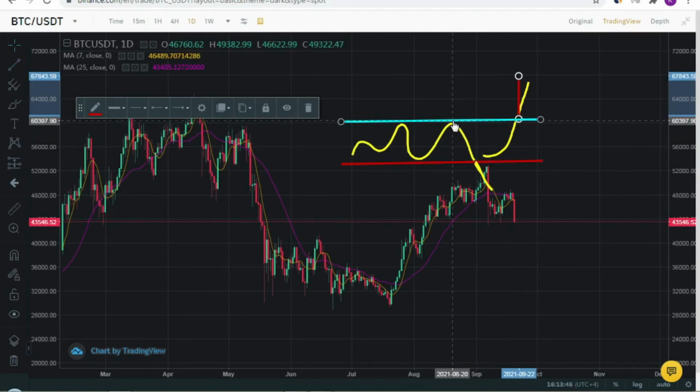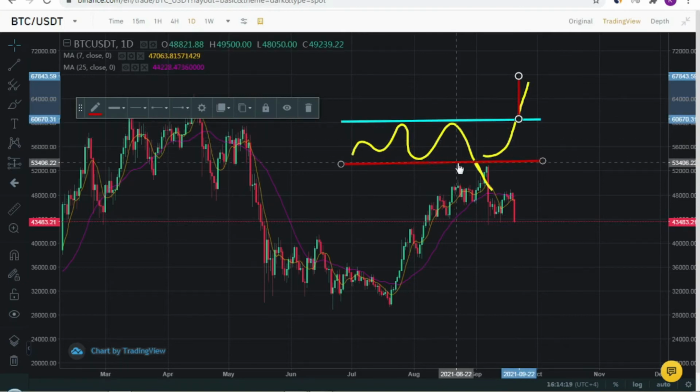So the length between the support and the resistance line is the same length which we can go if we break below or above these lines. So if we break this line here, we are most likely to go up by the same distance from here to here.